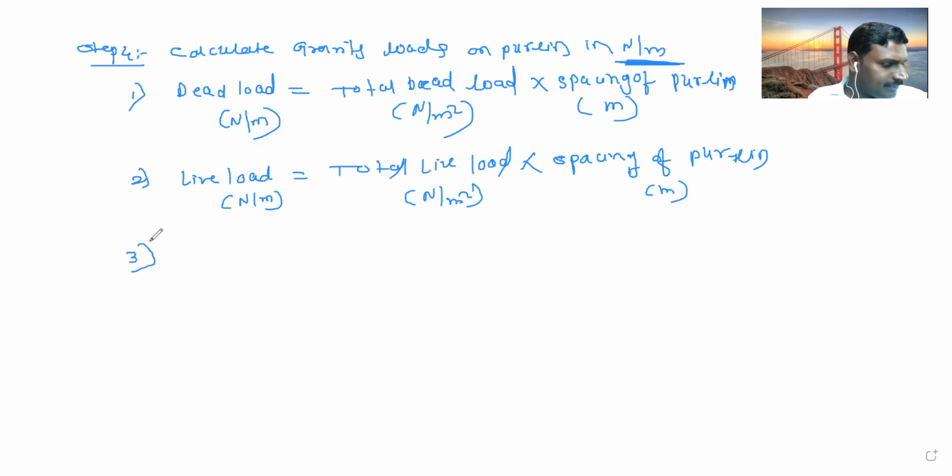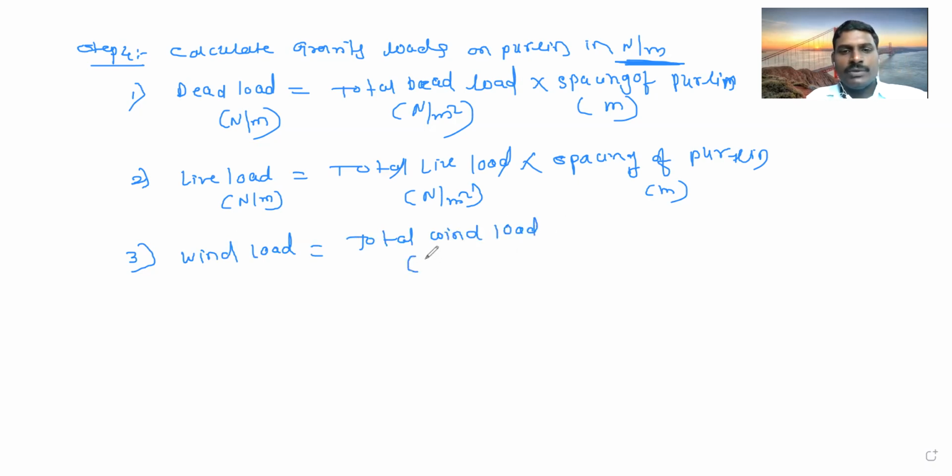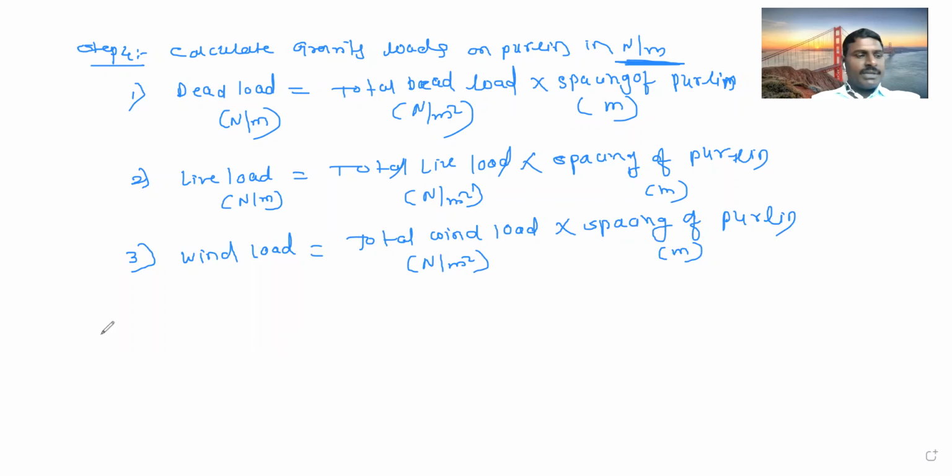And then third, wind load we have to calculate, that is the total wind load in Newton per meter square into spacing of purlin in meter. So got it everyone? This is how to calculate.